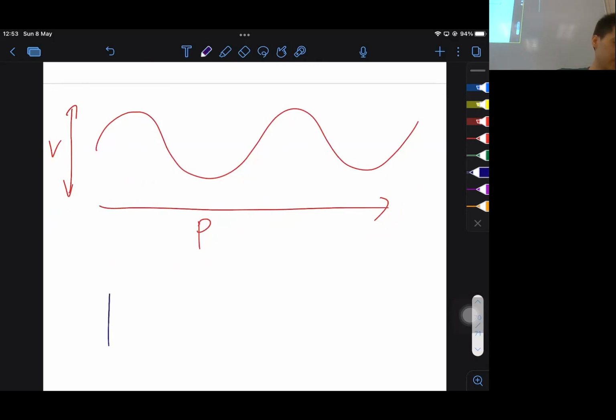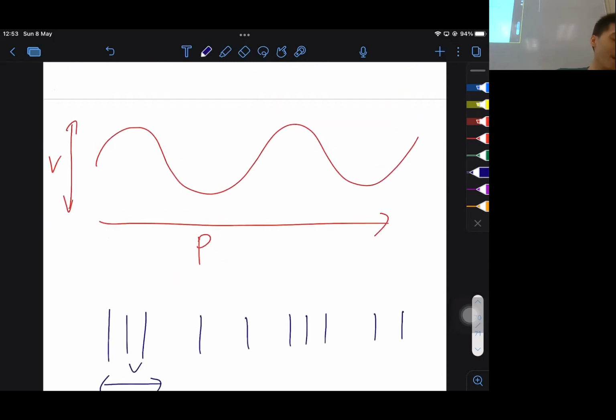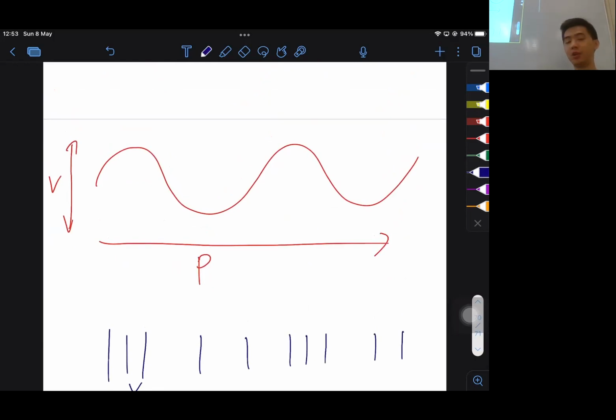Longitudinal wave will be something like this. This is vibration and this is propagation, guys. Now, guys, for those who don't remember this, if you're asked to explain in your IGCSEs, you will have to mention that for a transverse wave, the vibration is perpendicular to the propagation of the wave.